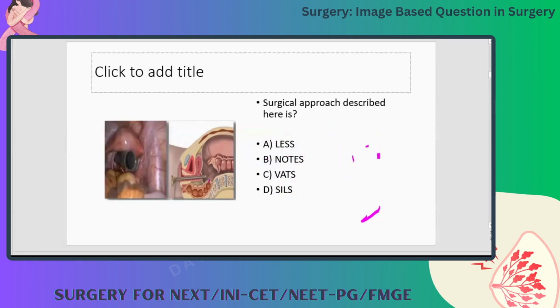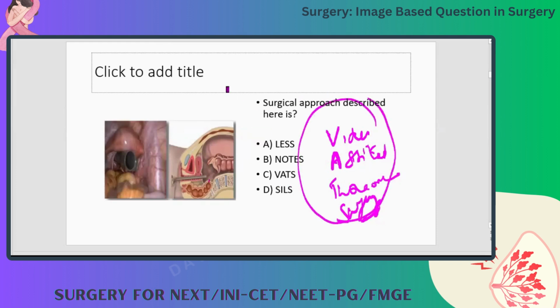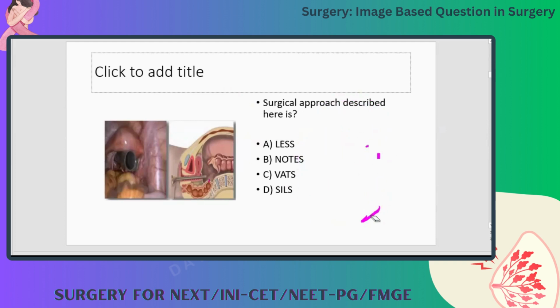And VATS. What is VATS? V is video, A is assisted, T is thoracoscopic, S is surgery. Excellent. So, video assisted thoracoscopic surgery.